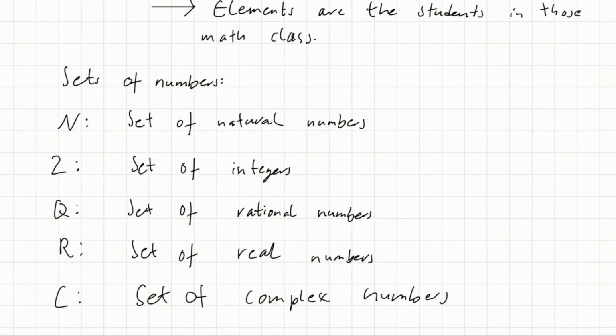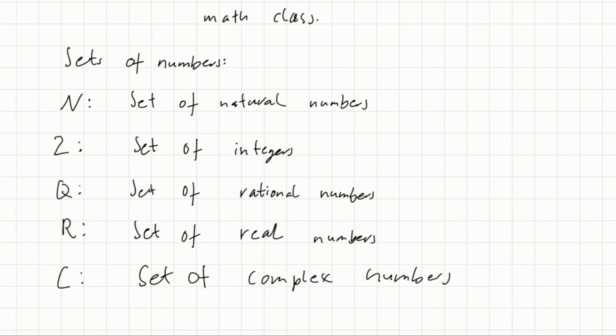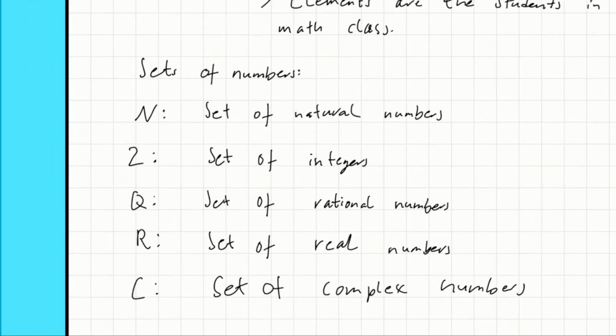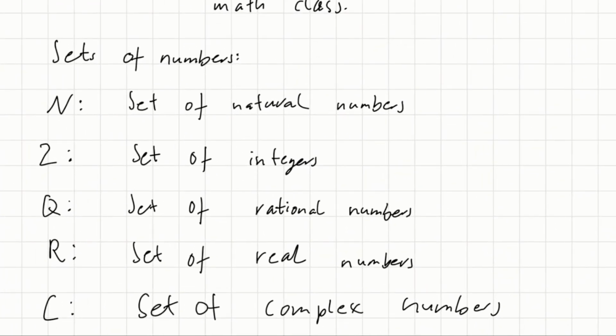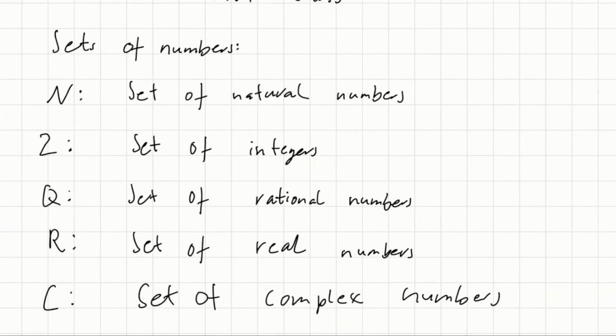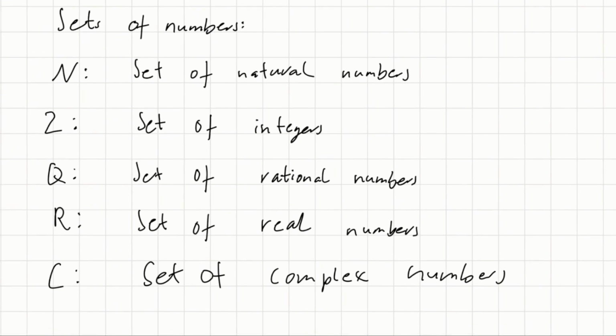We have, for example, usage of sets if we are talking about numbers. I hope those sets seem kind of familiar to you. First we have N, the set of natural numbers. I guess you all know the sign. Then we have Z, the set of all integers.